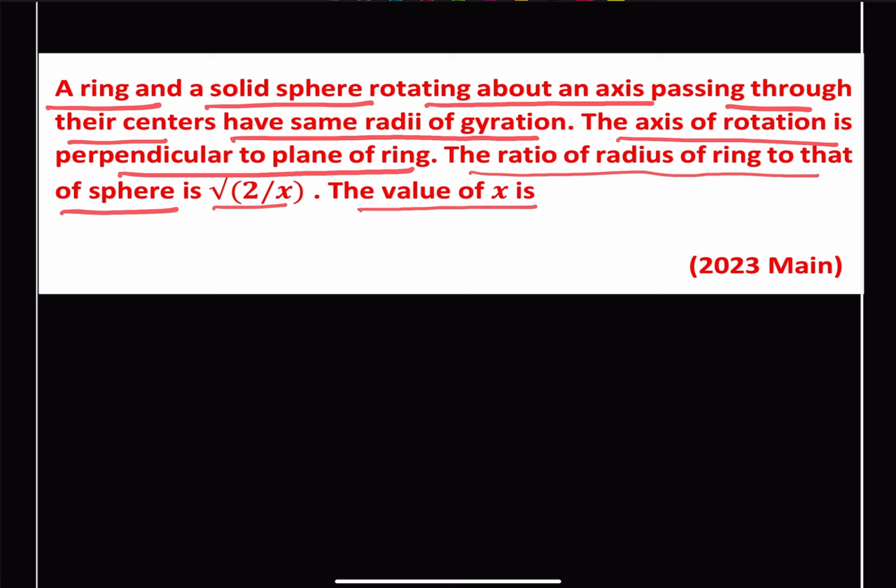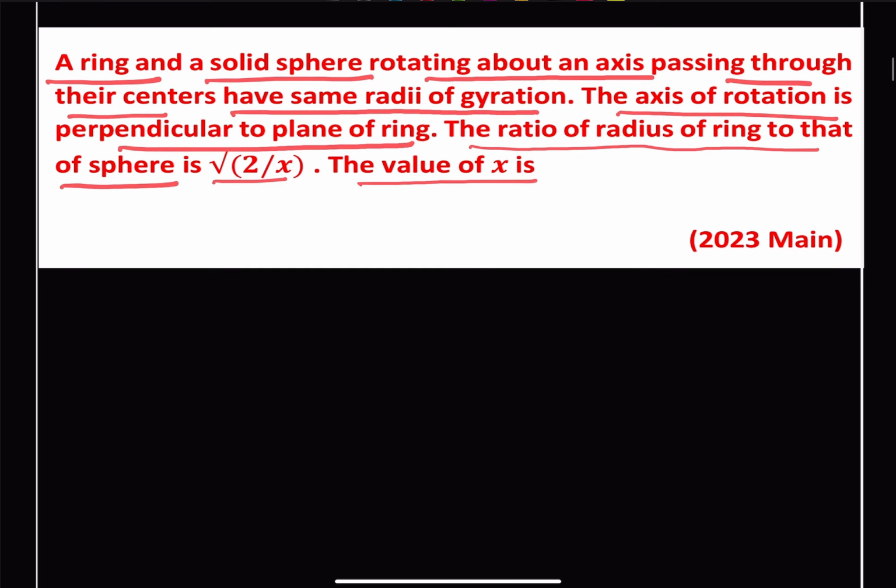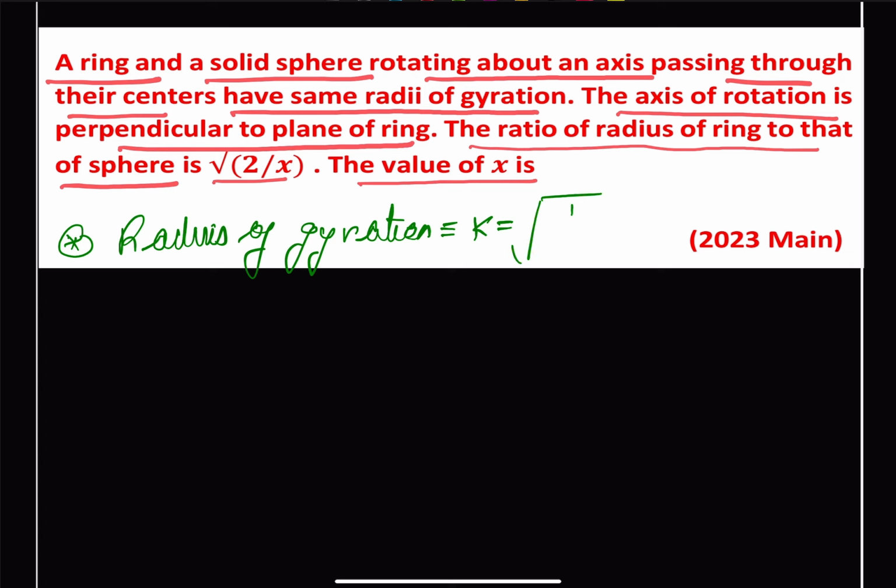So in this case, it is given with respect to radii of gyration, and we can start from there. So we can say the radius of gyration, that is k, will be equal to the square root of the moment of inertia divided by mass m.